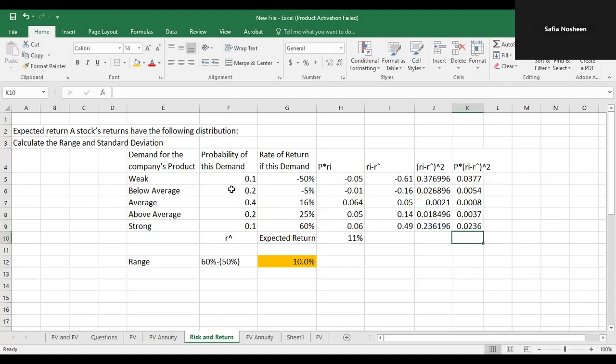In the end, take the sum of these weighted values of the squared deviations. This is called variance. And by taking the square root of this variance, we get the value of standard deviation.